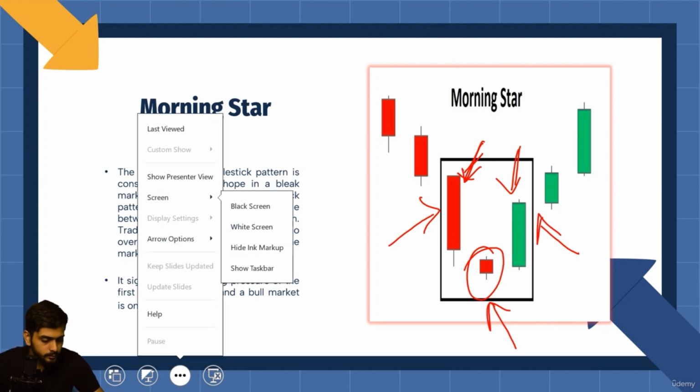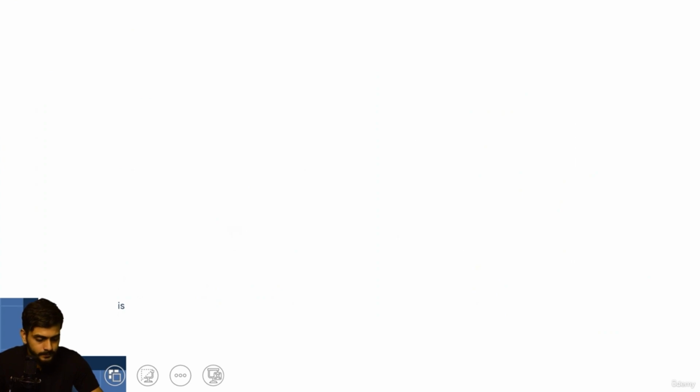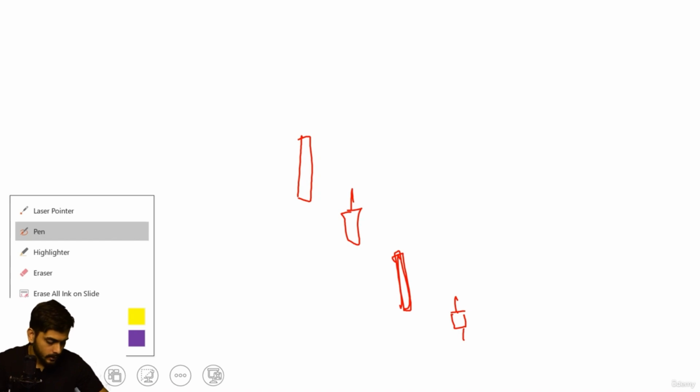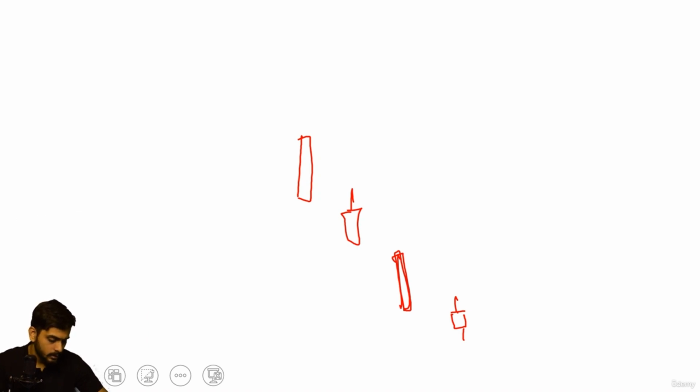If I take you to the white screen, say the market was falling like this: one red candle, a little bit of a doji candle, then another big engulfing red candle, then another doji like this, and then the next candle formed was something like this.